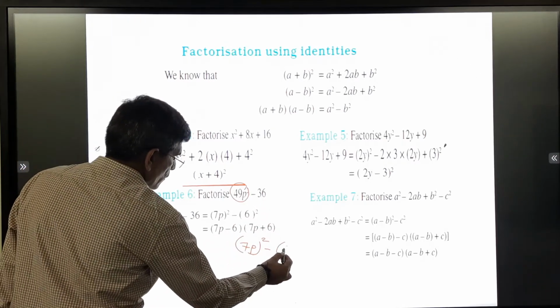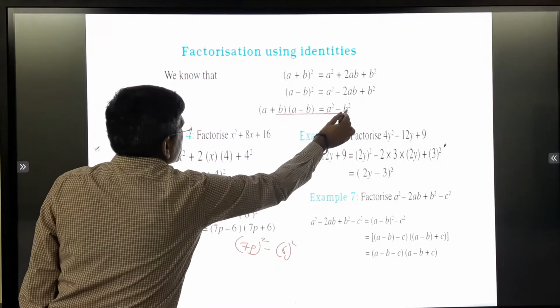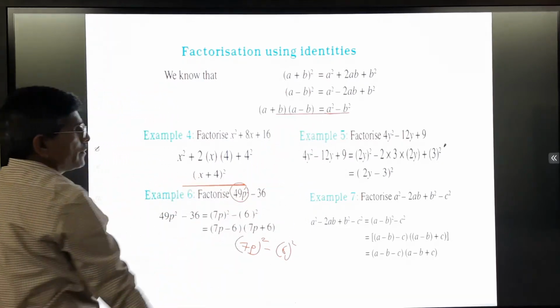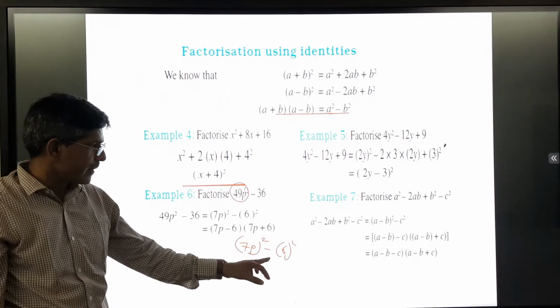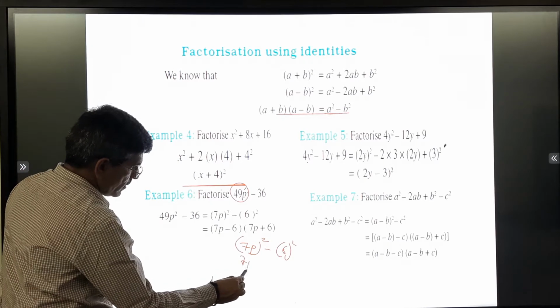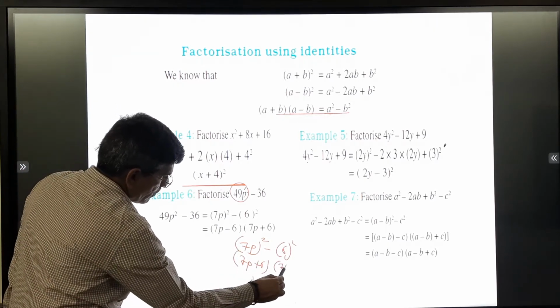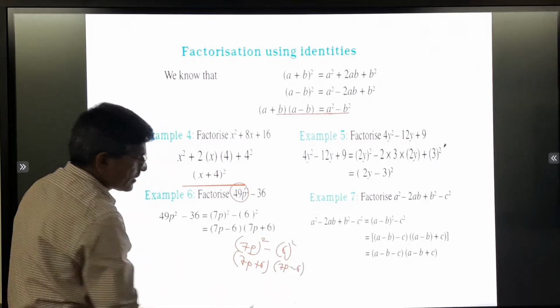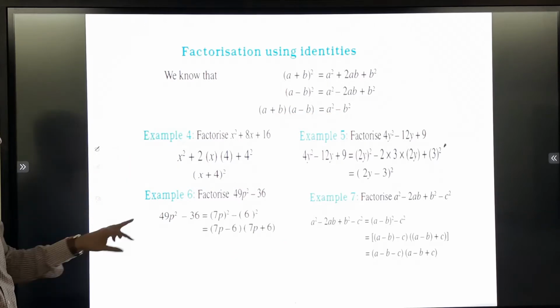It is 6 whole squared. Now what is the identity? A squared minus b squared is there, then I have to write (a plus b)(a minus b). So (7p) whole squared minus 6 whole squared. So (7p plus 6) and (7p minus 6). So that is example number 6.